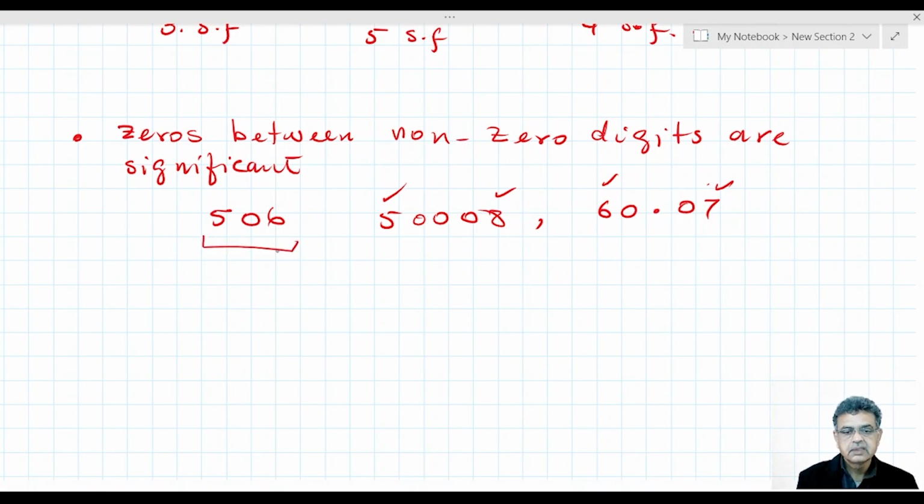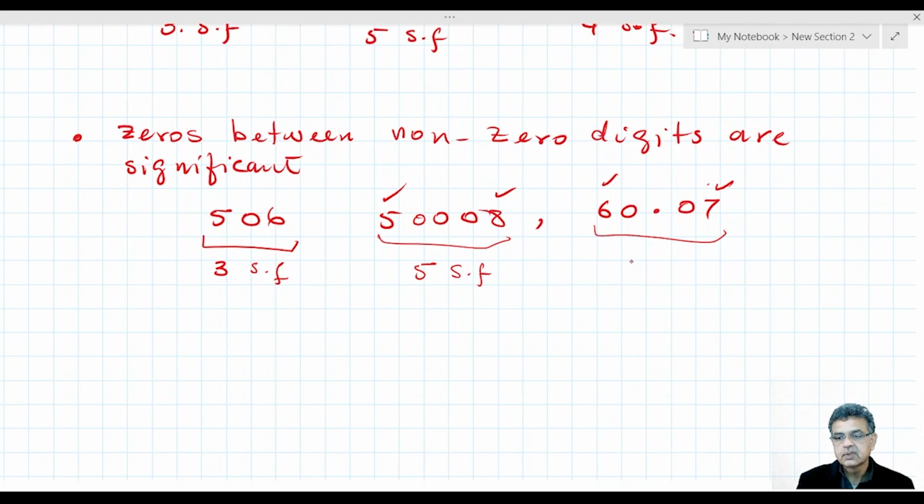So this one we straight away count the number of digits. This is 3 significant figures. In this one, 1, 2, 3, 4, 5. This is 5 significant figures. And this one, since the zeros are between non-zero digits, therefore these zeros will also be counted. 1, 2, 3, 4. This is 4 significant figures.